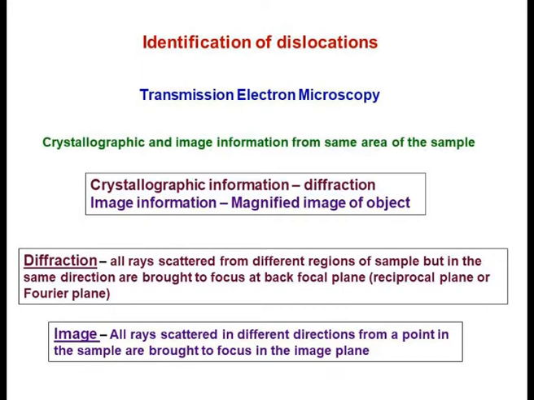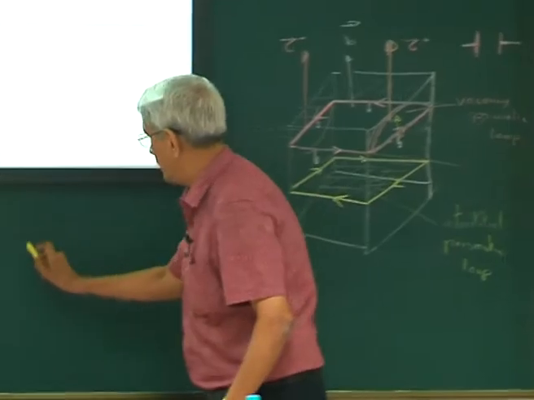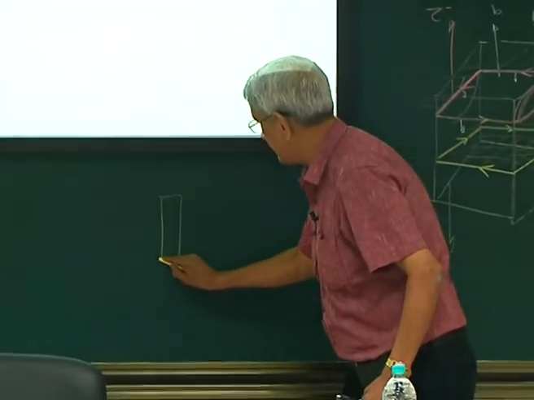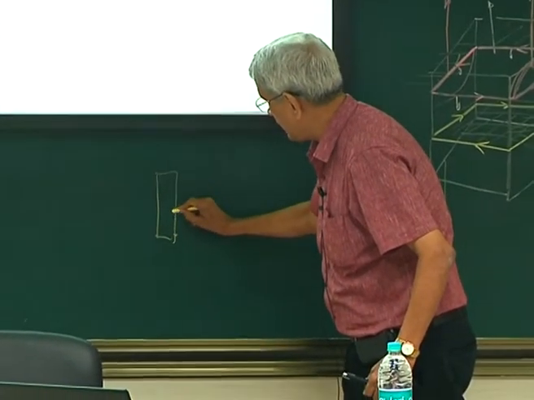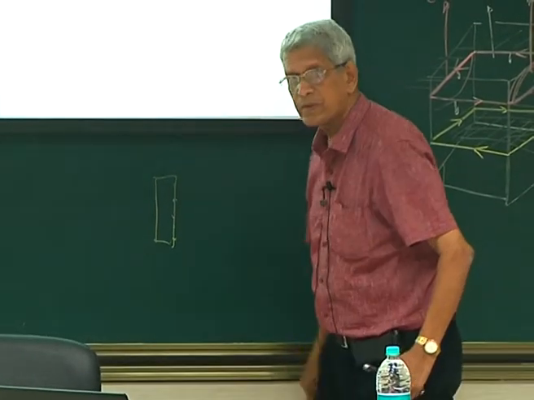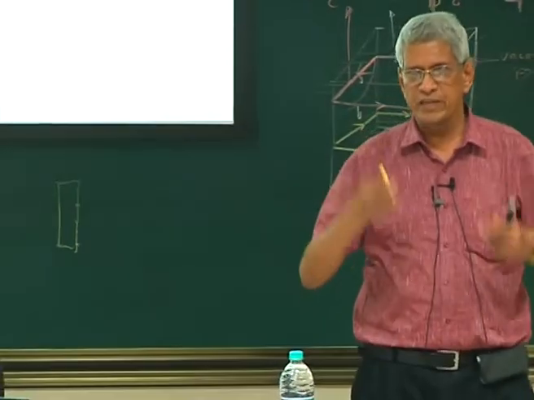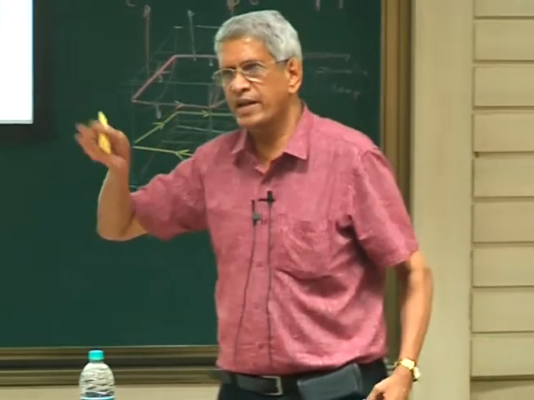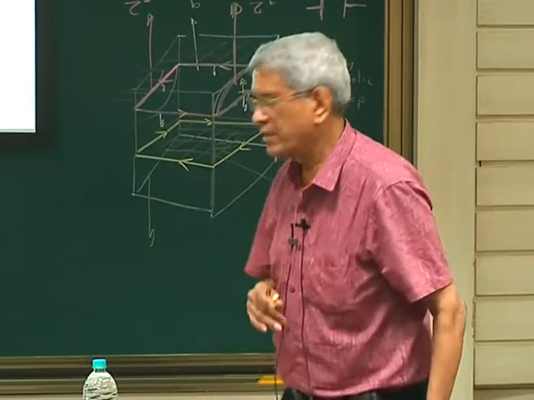Now the question is, what is diffraction? Diffraction is nothing but this: if we take a sample, from every point on the sample surface, if a probe of radiation is falling onto it, it gets scattered in all directions.